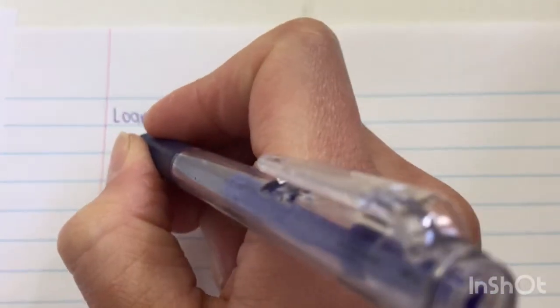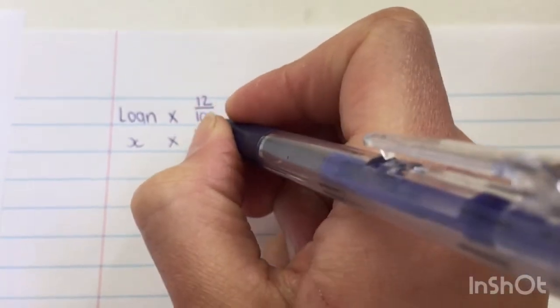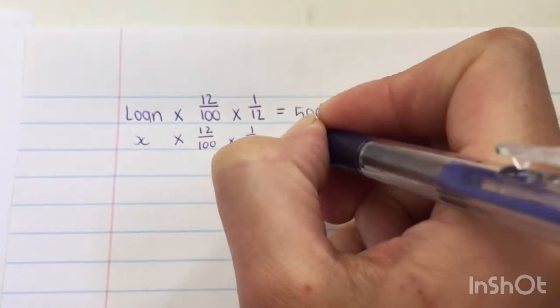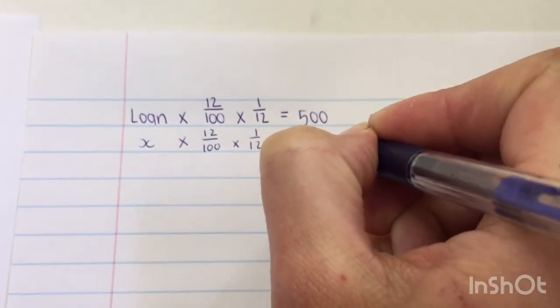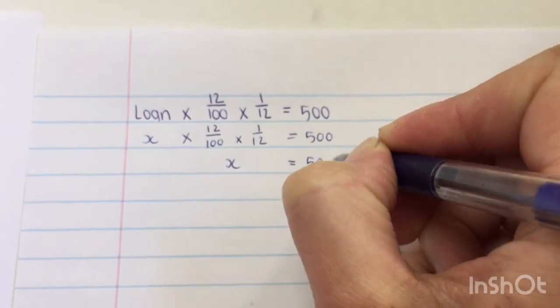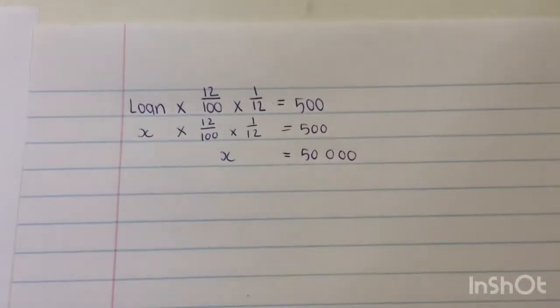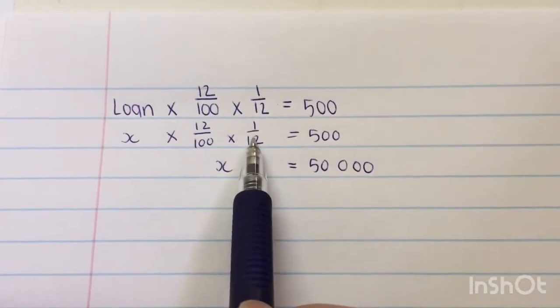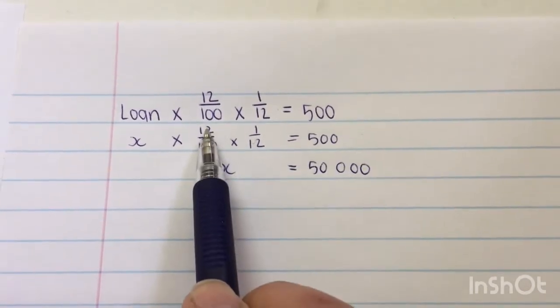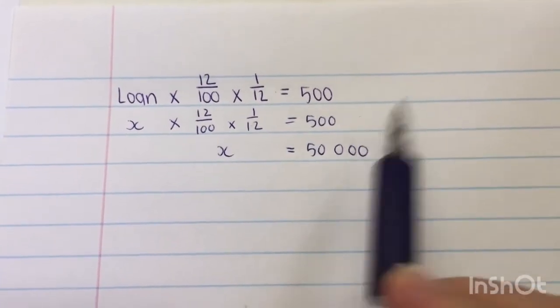So instead of writing loan, I'm doing a mathematical equation and I'm substituting that with X, and then it looks like that. And then X will be 50,000. Okay, how did I do that? These two are below the line, so I'm going to multiply on that side and I'm going to divide on that side with a 12.